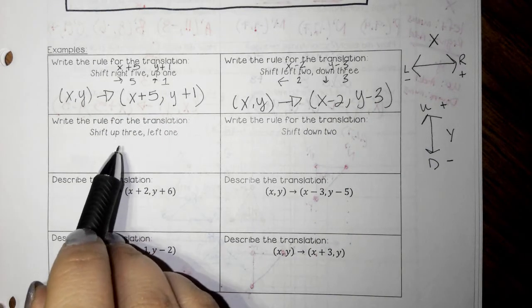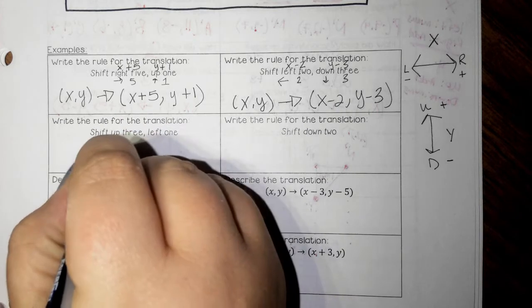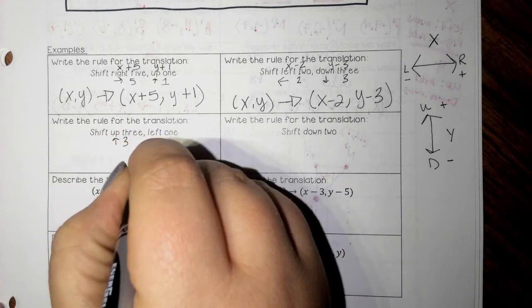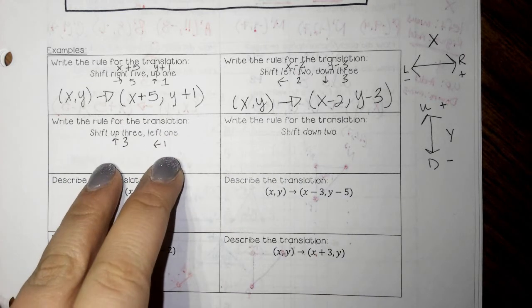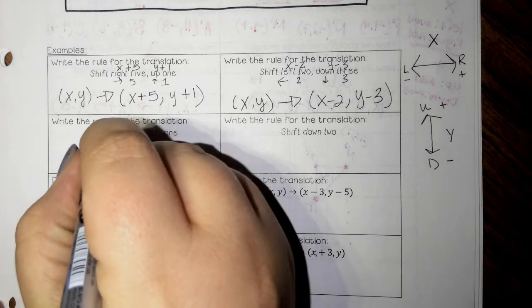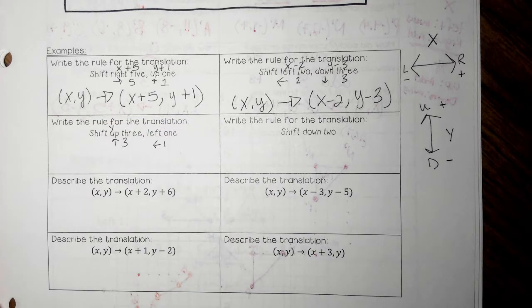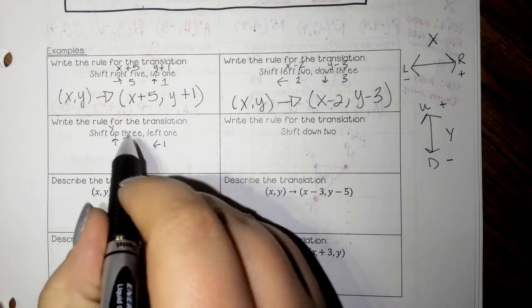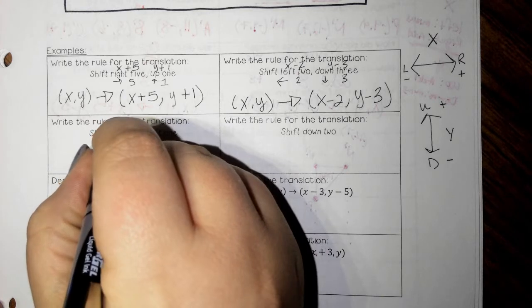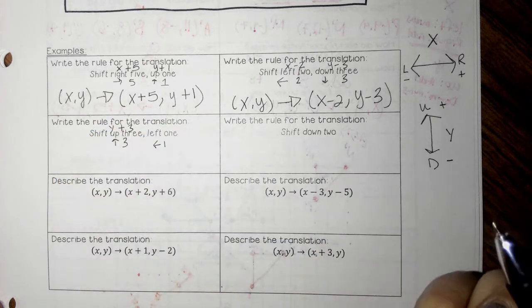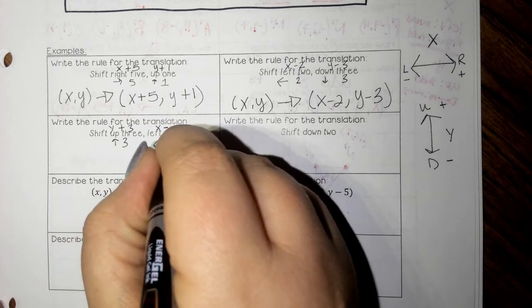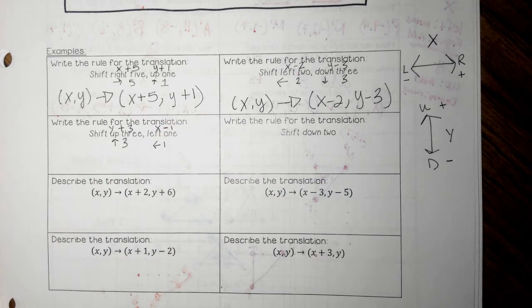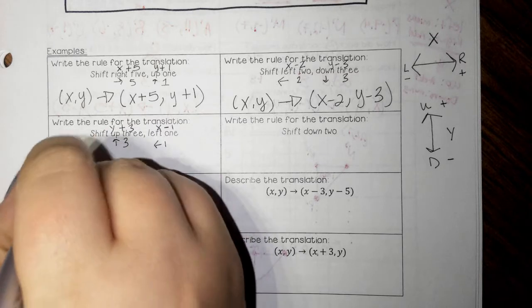Writing the rule for the translation when we go up 3 times and left 1 time. This one's kind of out of order. They're telling us something about the y value first. That's okay. The y value is going up 3, so we're adding to the y value. The x value is going left, so we're subtracting from the original x value, the pre-image's x value.